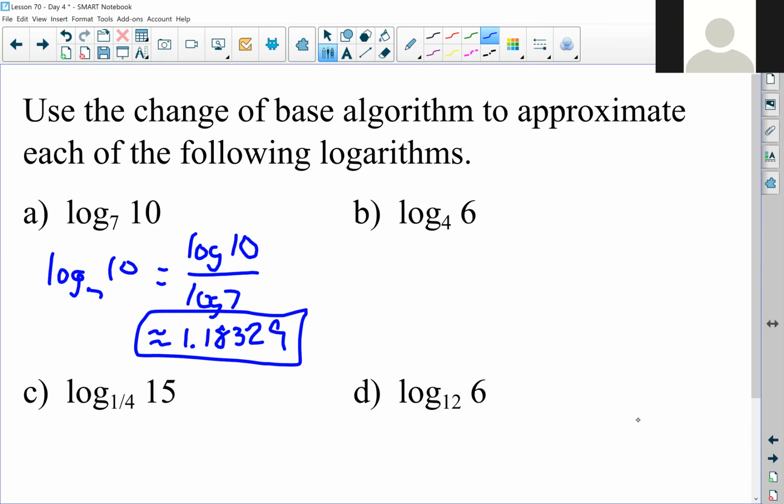So I'll do this one using natural log. It's always going to be the log or the ln of the thing we're finding the original question for, and then the log or ln of the base.